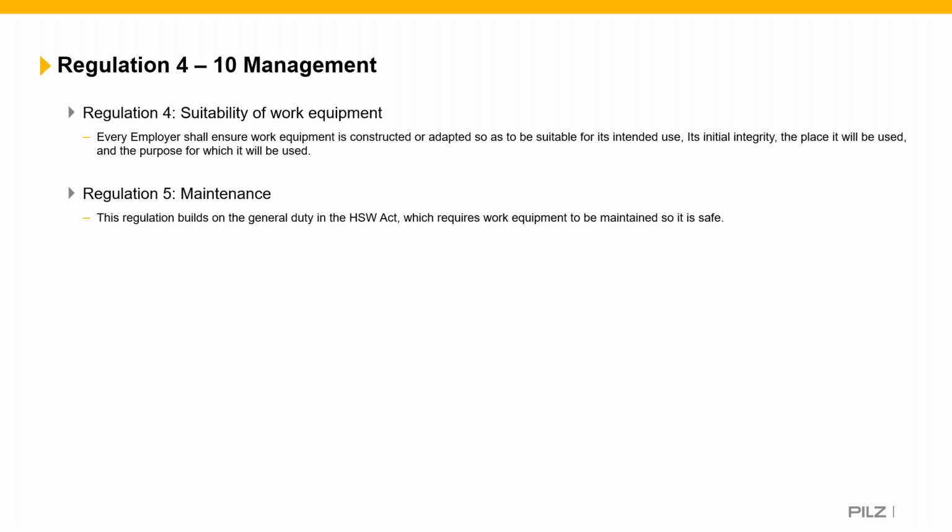There's nothing that says you have to keep a maintenance log, although for high-risk equipment it is recommended that a log is kept, and if there is one, it must be kept up to date.